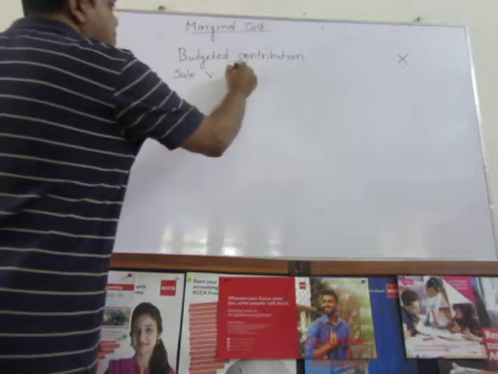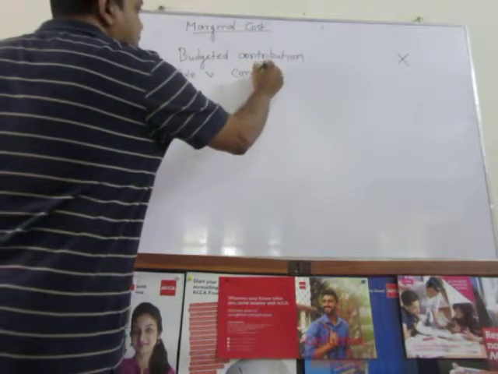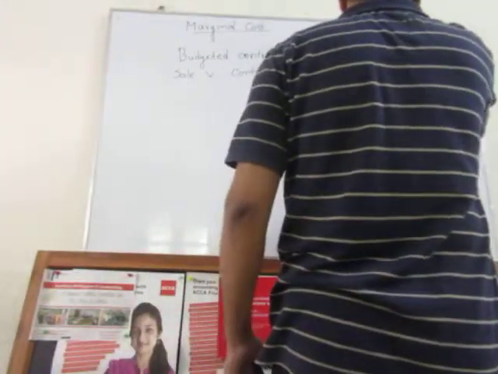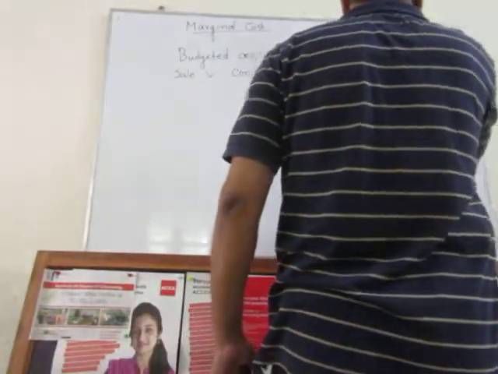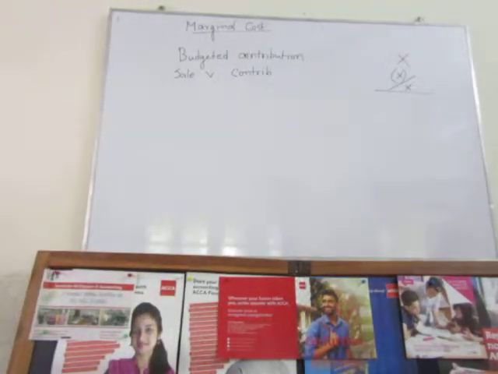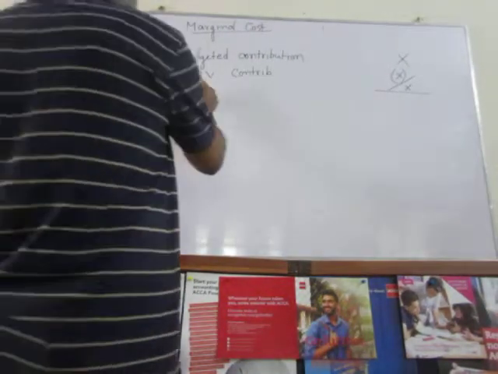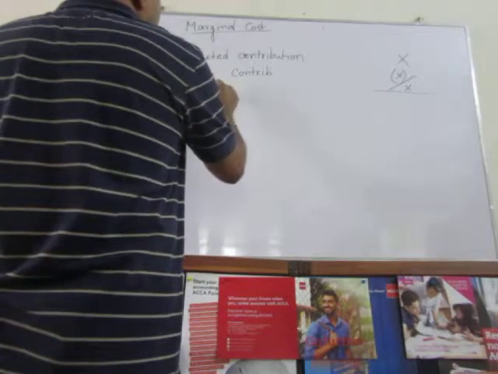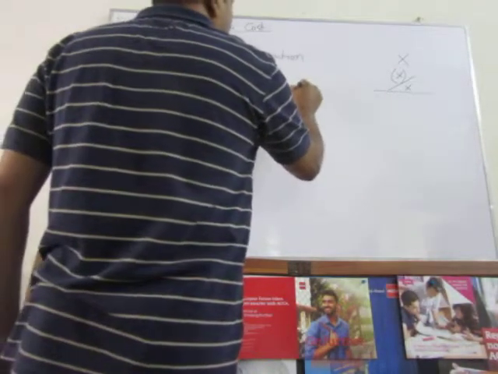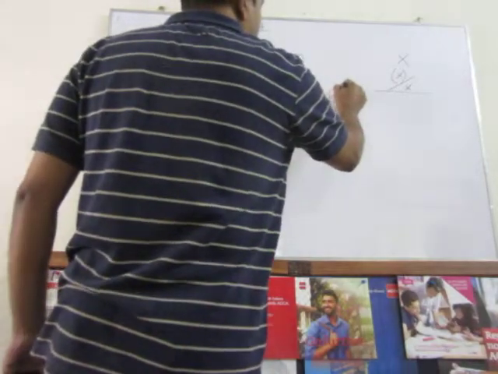Sales volume contribution variance. Contribution variance, it may be adverse, it may be favorable. So when you are adjusting the sales volume contribution variance with budgeted contribution, it will provide you standard contribution on actual sale.